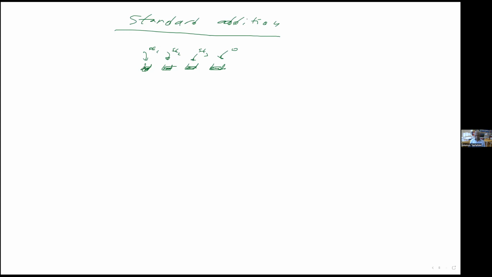And we add, let's say, 10 ppb of aluminum, and then 20 ppb, and then 30 ppb. But here we have the same volume, so if the volume we are adding is 10 microliters, I add 10 microliters of water only. So no standard here. And then we have a blank, not the sample here, blank.